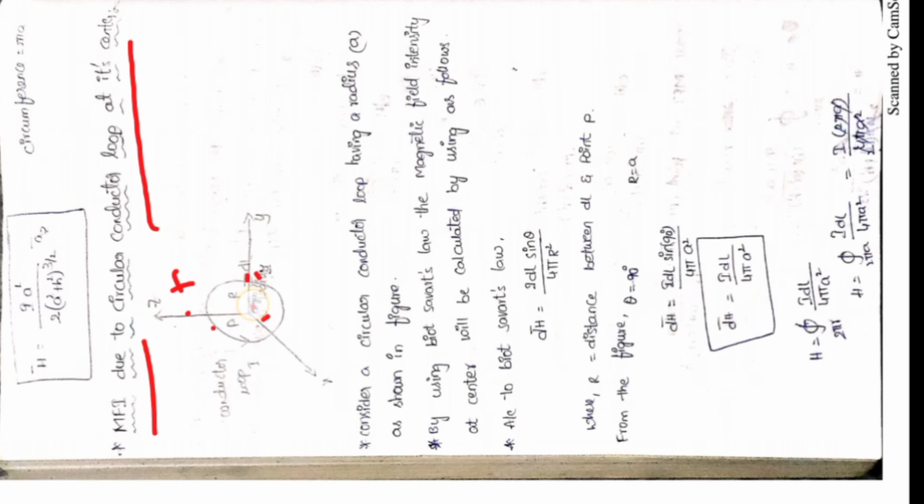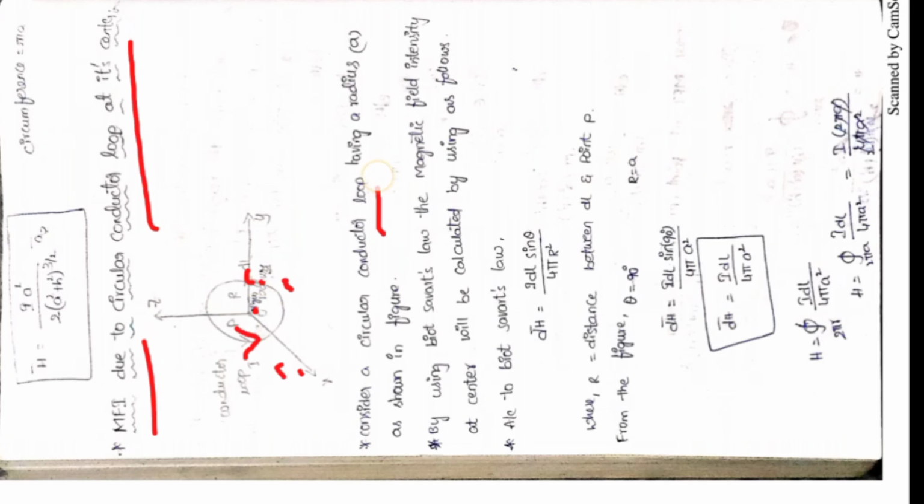Now at the origin, what is the magnetic field intensity? Previously point P was there, now point P is here, at the center. At the origin, what is the magnetic field intensity due to a circular conductor loop carrying current I, in any direction? A small differential length we assume, and the loop radius is a again.